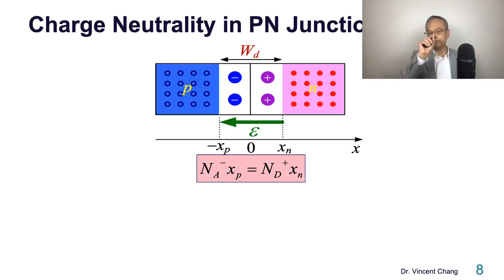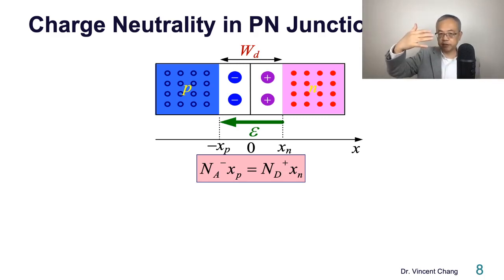It should be 1 over cubic centimeter times centimeter. So it's per unit area, right? So 1 over centimeter squared. So the left-hand side is per unit area, and the right-hand side is per unit area.